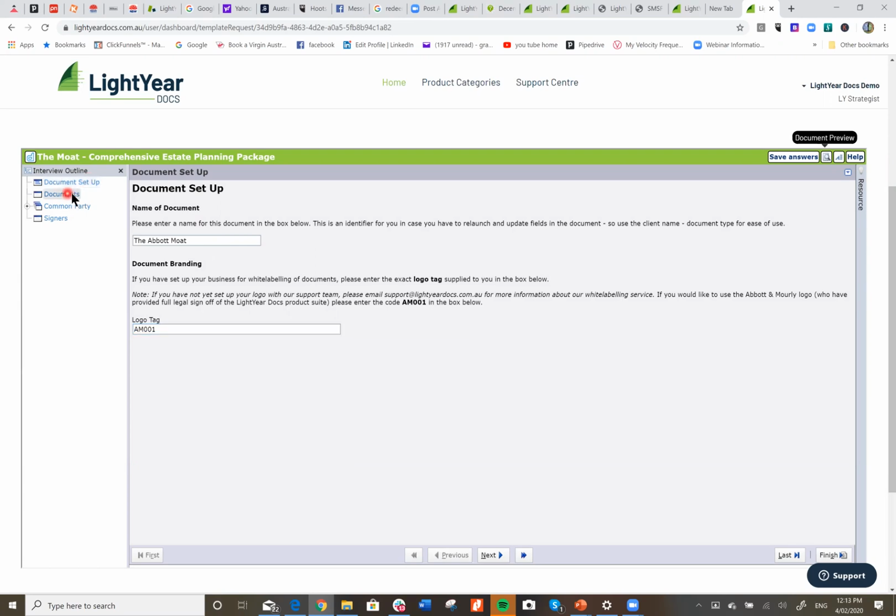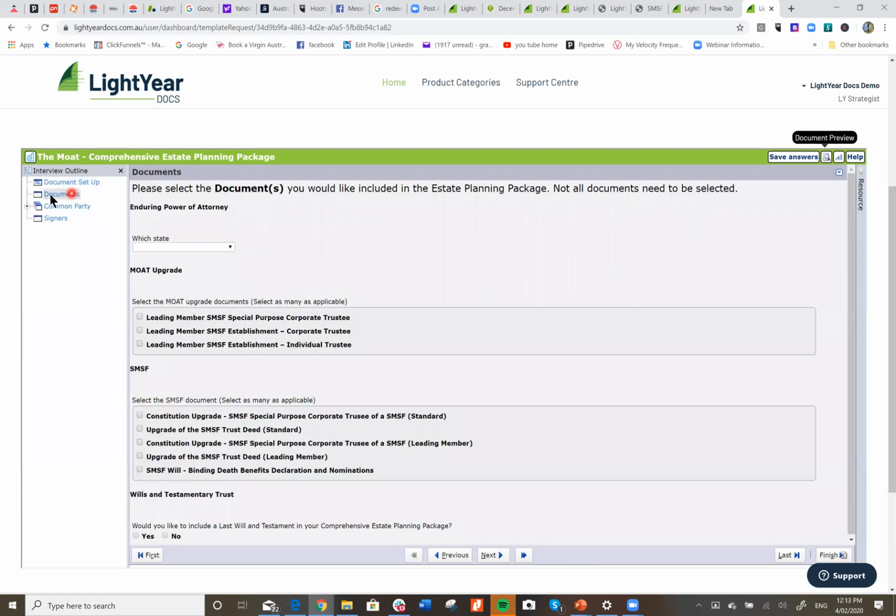So this is what it does, effectively all the parties. If I looked at this for myself, I'm in Queensland, so it's going to pop up on the left an enduring power of attorney for me in Queensland. Now, I can either establish a document, or I can upgrade the document. So I can do an establishment or build those.